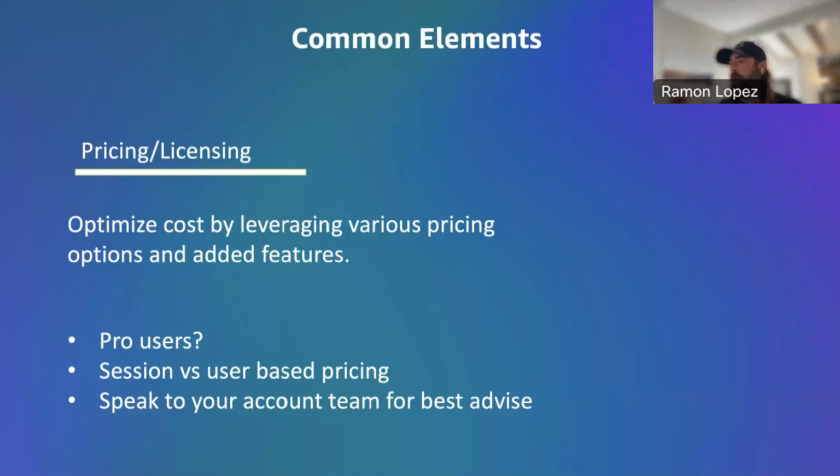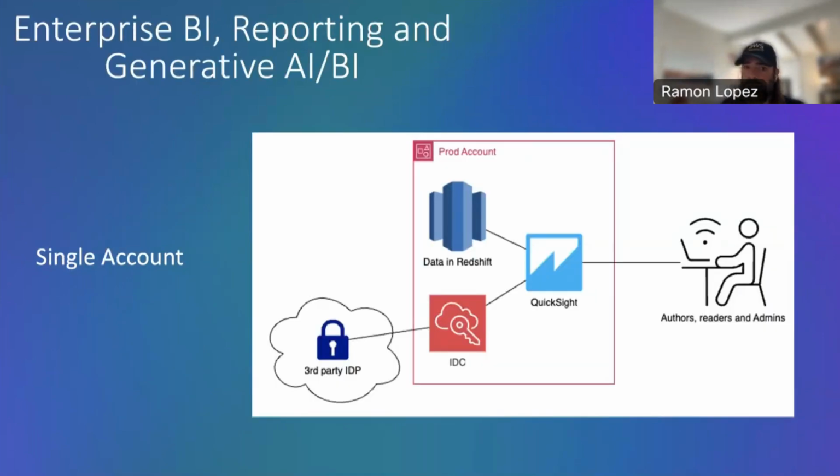So if we're looking to deploy enterprise BI and reporting, generative AI BI, the most common approach that we see is to leverage a single account. This is a very simplistic use case. Starting from the right-hand side, we have authors, we have readers, we have administrators that are logging either directly into QuickSight or they're going through Identity Center to go into QuickSight.